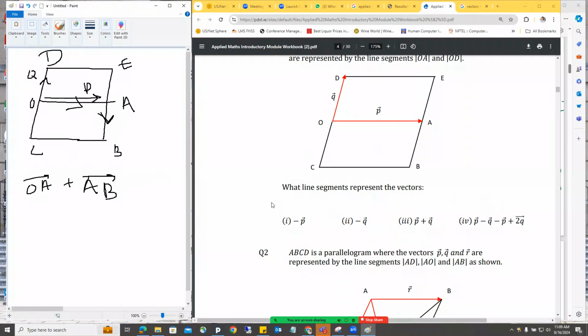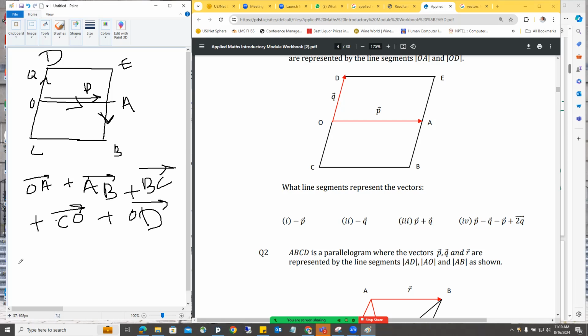Then P minus Q minus P. Minus P now again for this side, that is BC vector, BC line segment. Plus 2 times Q means here we have Q and again another Q, that is CO plus OD.